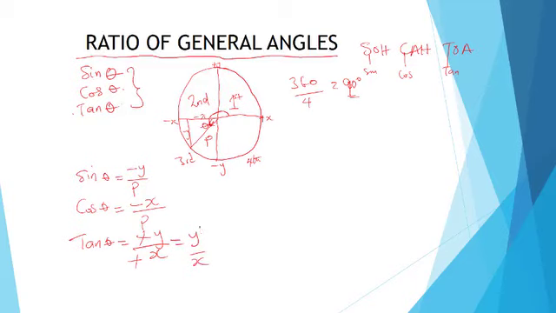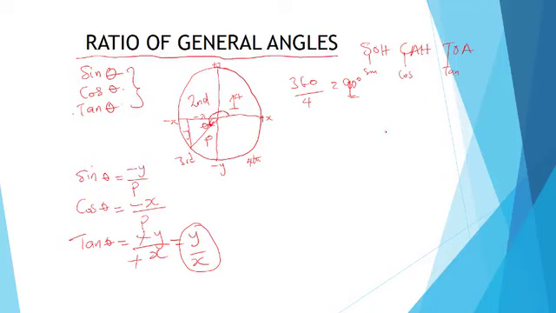So the only positive function we have in the third quadrant is tan. Initially I stated that in the first quadrant the values range from 0 to 90, in the second quadrant above 90 to 180. So in the third quadrant we have from 180 to 270.